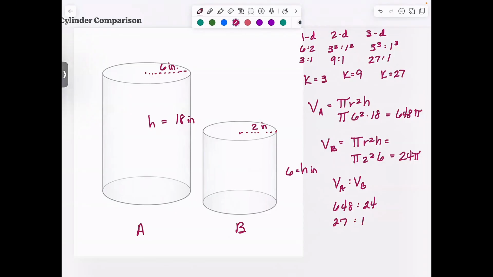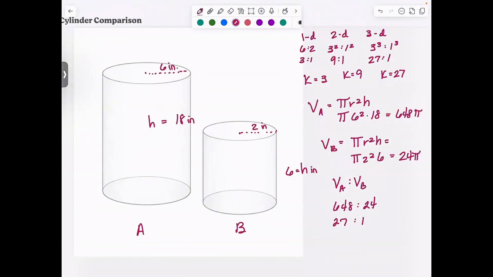In these questions, they could just say the 1-dimensional or linear ratio is 3, and then they give you the volume of the smaller cylinder.